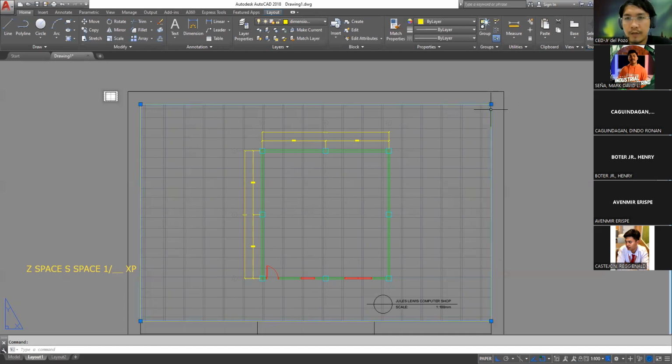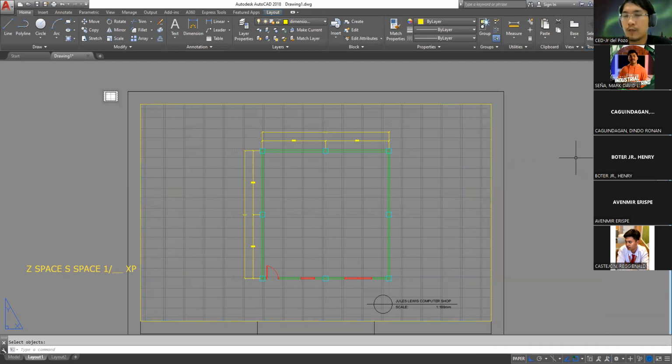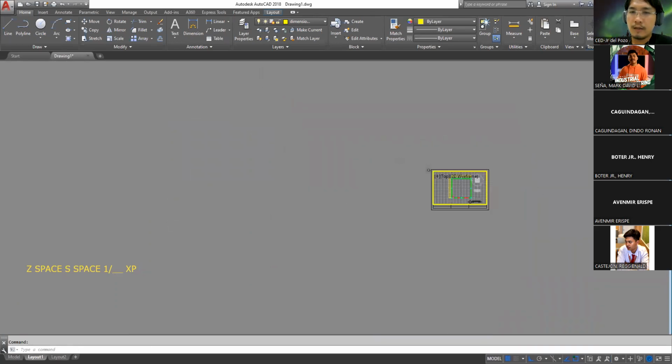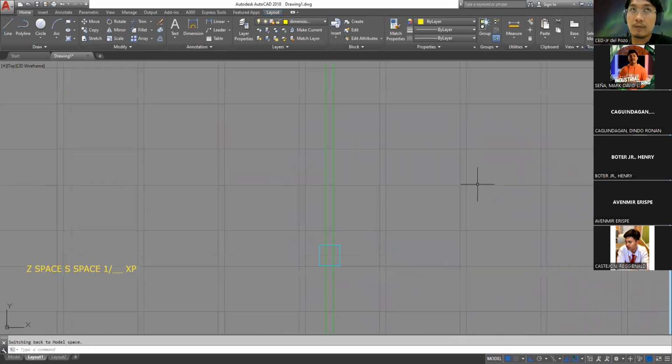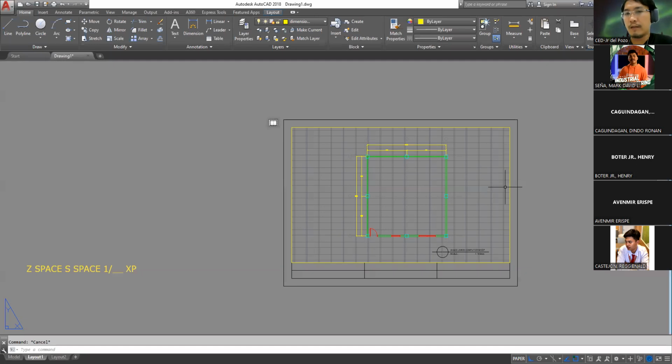Yung sa MB nyo, i-right click nyo, hanapin nyo yung display lock. I-lock nyo siya lagi once na finish na kayong mag-scale. Kasi once na pumasok ka uli, kahit i-zoom in, zoom out mo na yan, hindi na mababago yung scale niya. Nandun na pa rin. Okay? Para lang ma-secure nyo yung scale. Kasi once na trackball nyo yan, mababago na naman yung zoom. Uulit ka na lang. Okay, question?